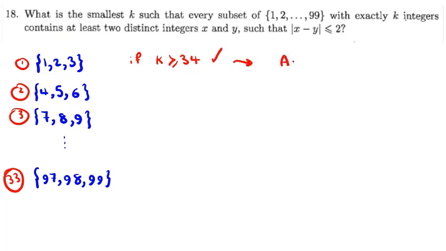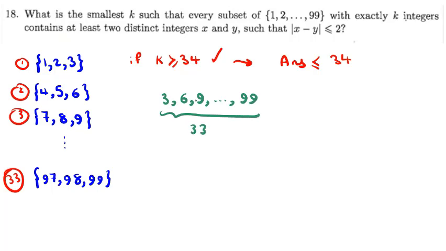Because the question asks for the minimum, we say 34 works. So the answer is 34 or less than that. Now I will find an example with 33 that doesn't satisfy this, so that 33 or less doesn't work. So the answer is what? Multiples of 3: 3, 6, 9. If you consider all of them, you have 33 elements.